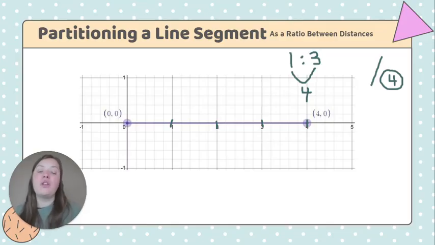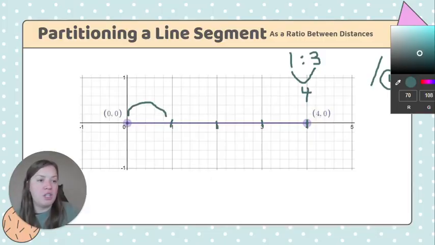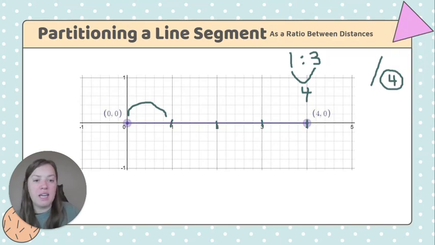Now, the location of my point is determined by how many segments are on the left side and the right side of my ratio. So my left side has 1, and my right side, let's change up the colors here, my right side has 3.